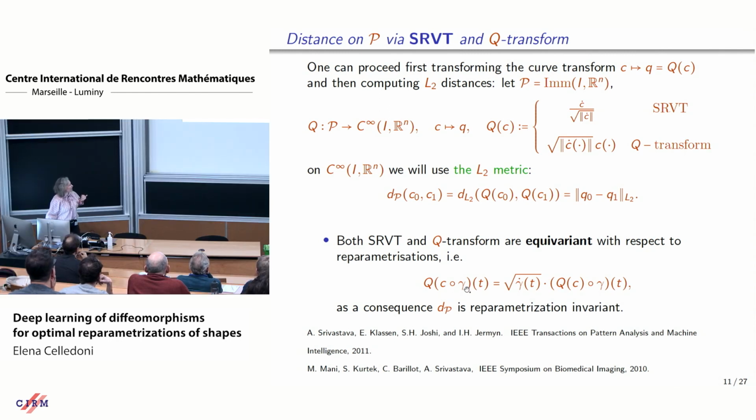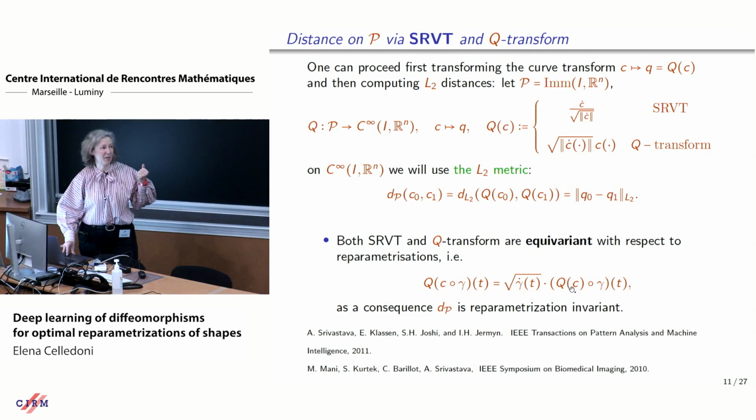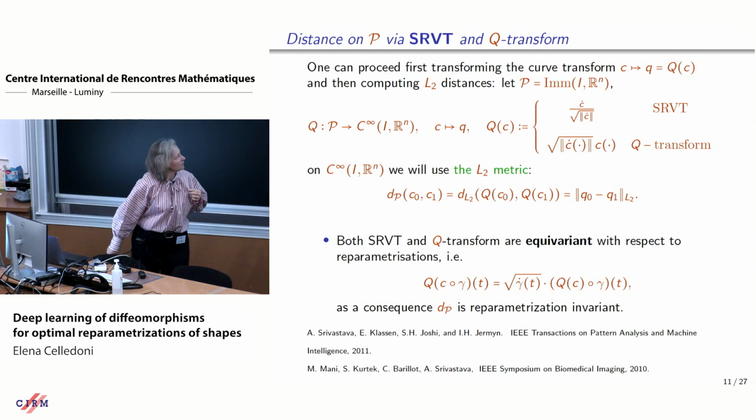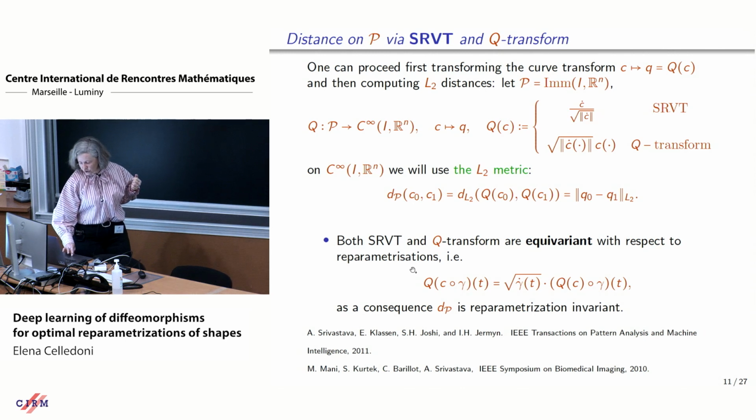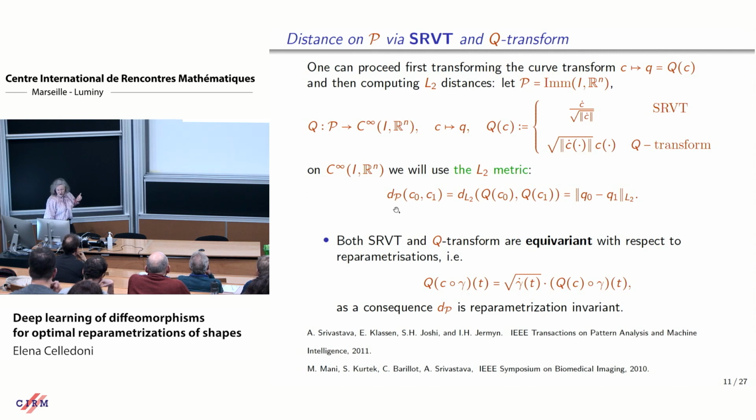So if I reparametrize the curve and then transform it, it's the same as if I first transform the curve and then reparametrize it, apart from a scaling factor. Okay? So this is crucial to get the reparametrization invariance of d_p, which then boils down to a good notion of distance in the shape space when I go to the quotient.